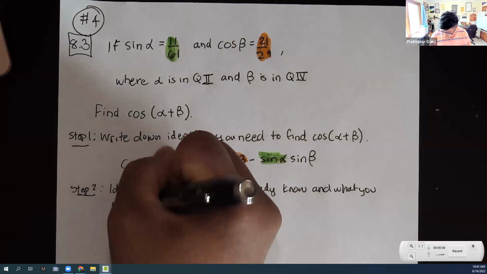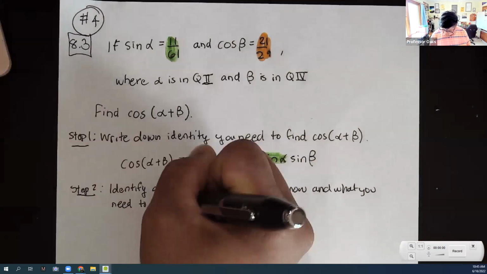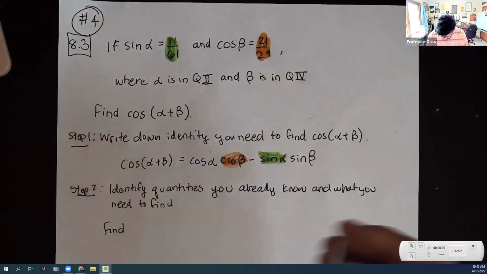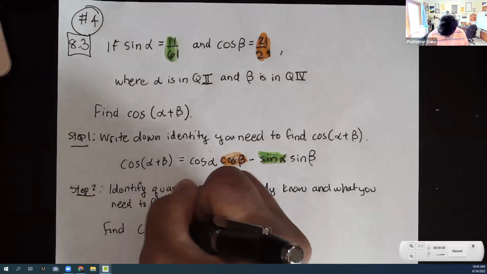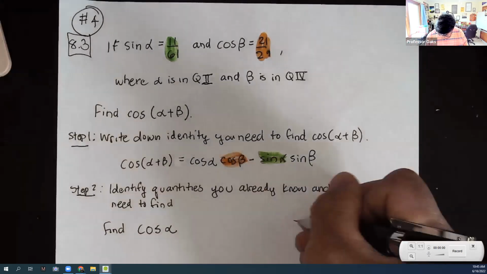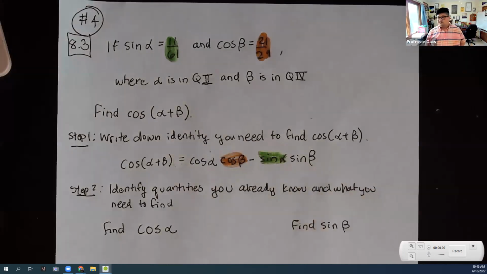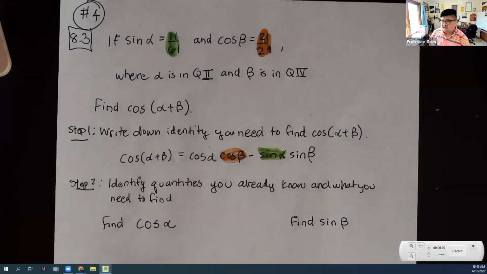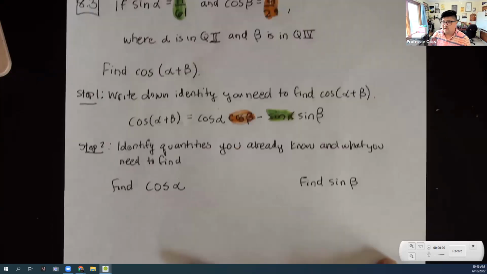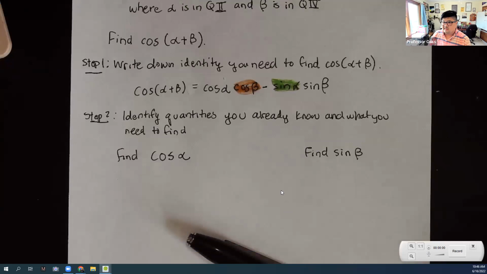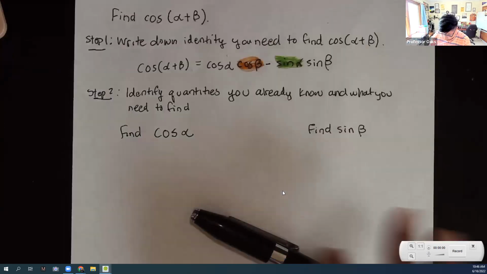You know that you still need to find the cosine of alpha and the sine of beta. Those are the two quantities that you need to find, but the way to find them is really the same way as in the last problem.